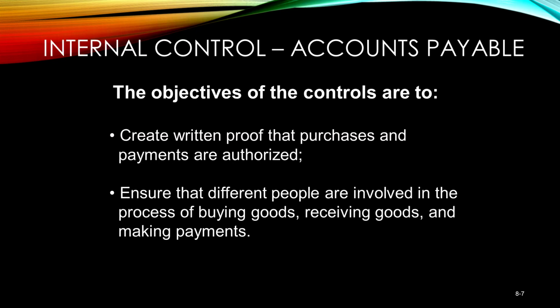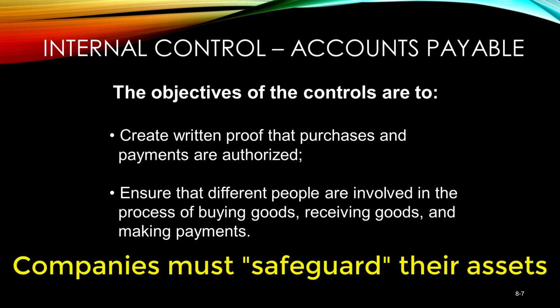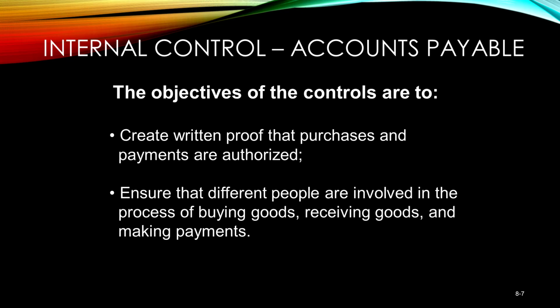It is important to control all aspects of the purchasing process. With proper internal controls in place, businesses have a better chance of safeguarding their assets. Several objectives of this process are shown on the screen.